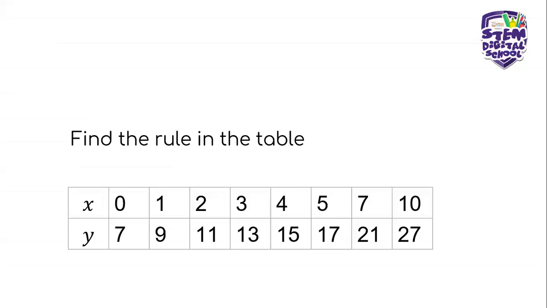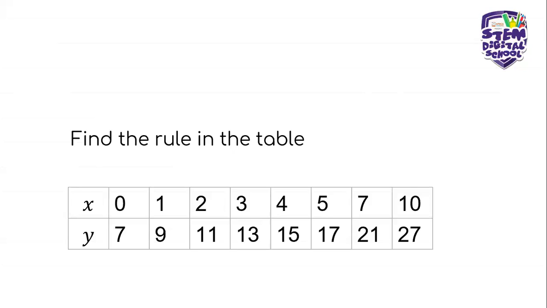Remember, I said in the previous two examples that once you have the constant difference, you can use it to find the rule. Can someone tell me how are we going to use the constant difference to find the rule in this case? What do you do now that you have the constant difference? How are you going to use it to find the rule?